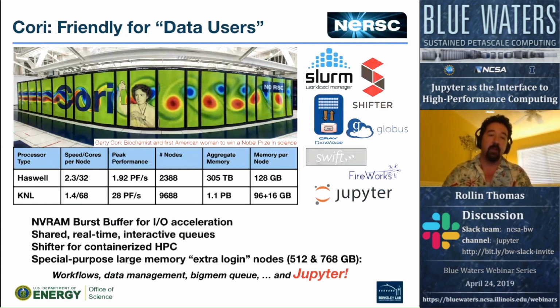In addition, Cori includes some special purpose extra login nodes. It has more login nodes than a usual system that we procure. In fact, I think there's about twice as many. And these are used for other purposes besides just login. They're for managing workflows, so running workflow engines, managing data, doing data transfer, using special queues for data transfer, big memory queue, and of course, Jupyter.